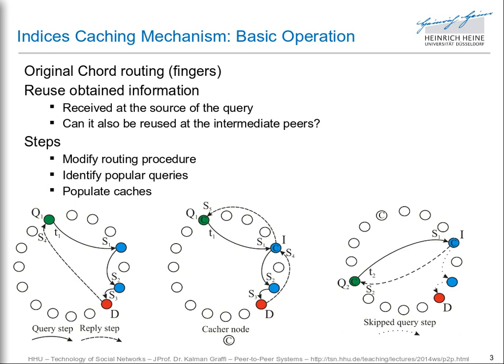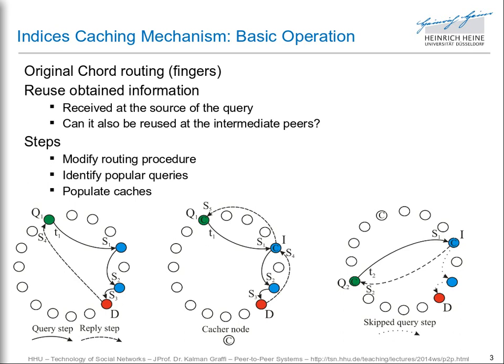So let's skip to the example. First of all, we have this peer Q1, which wants some data from the node D. And here is the routing process via S1, S2, and S3. Now the intermediate peers like S1 could act as a cacher.